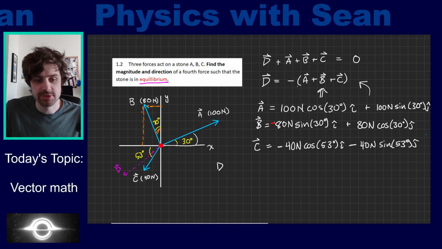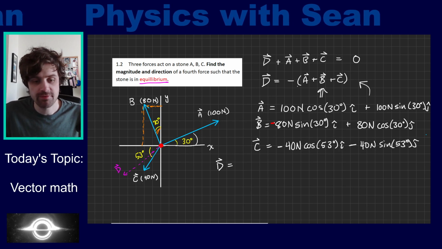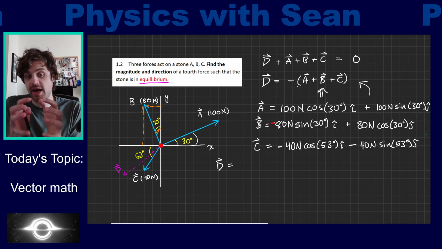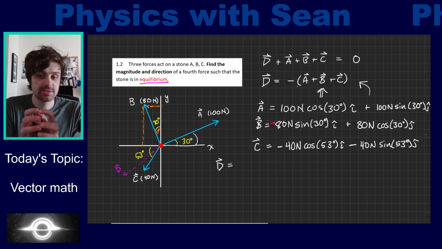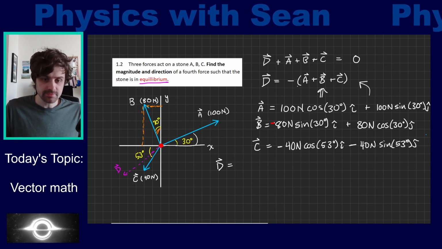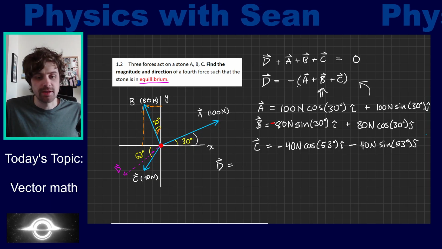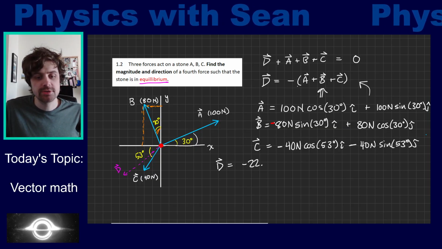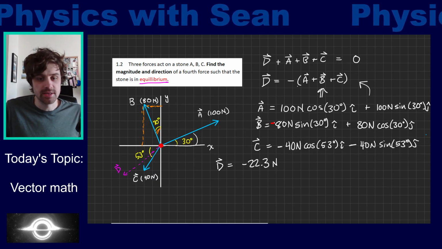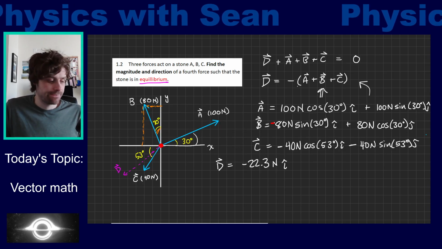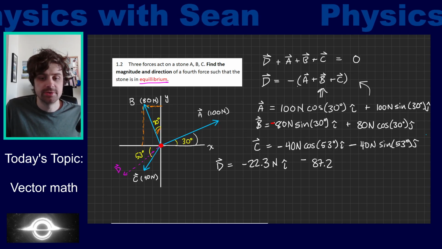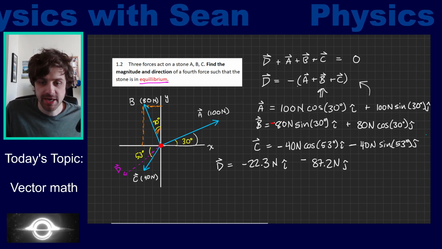The result that we get is vector D is equal to, I'm going to combine the i hat components, the horizontal pieces, and the j hat components, the vertical pieces, negative 22.3 newtons in the i hat direction, minus 87.2 newtons in the j hat direction.